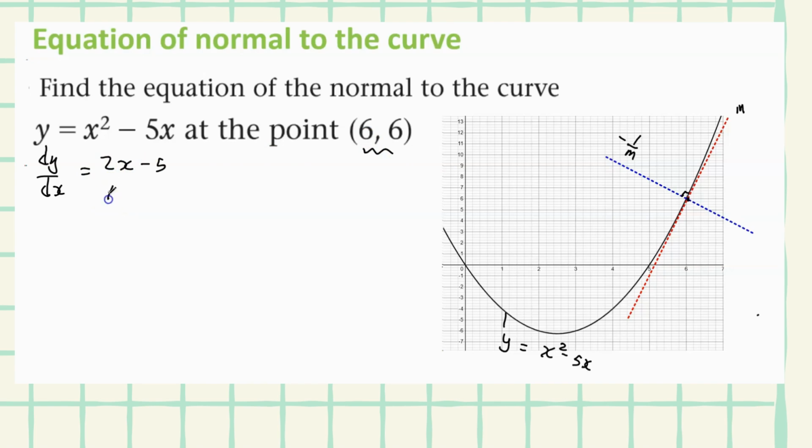At x equals 6, dy by dx would be 2 times 6 minus 5, and that's 7. So the gradient is 7. So m here is 7. It means that the gradient of the normal is going to be minus 1 over 7.